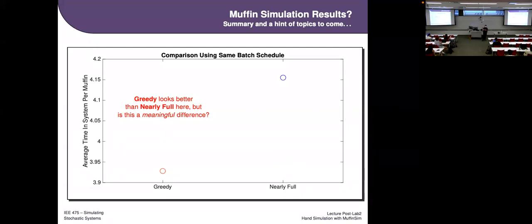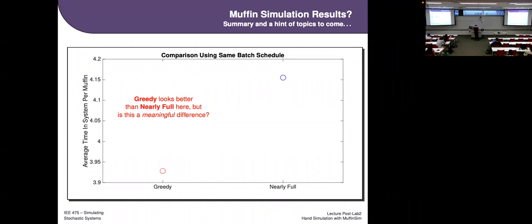That could have been anything from 0 to 9, so I had different muffin schedules from 0 to 9 based on that. The groups who got a 0 had one set of muffin arrivals, but they used that same set of muffin arrivals for both greedy and nearly full. The ones that had a 1 had a different set, and so on. So I'm not sure which one this one is, but let's call it the 0 set.